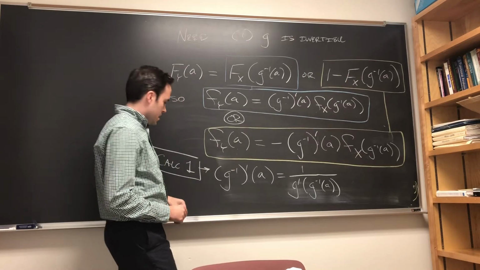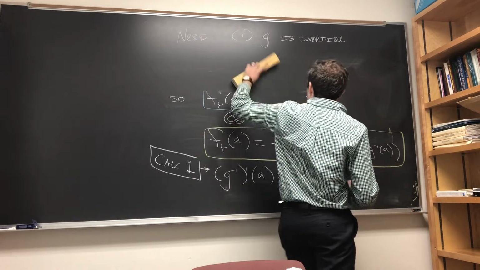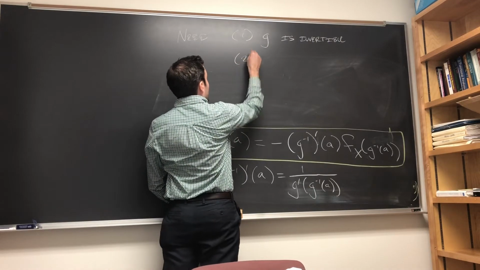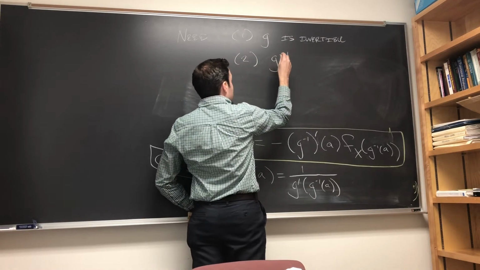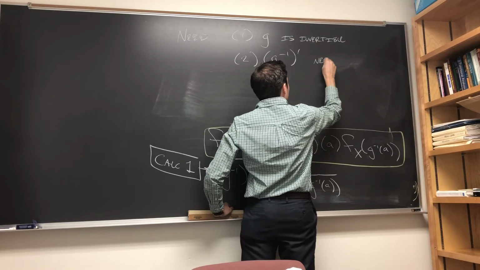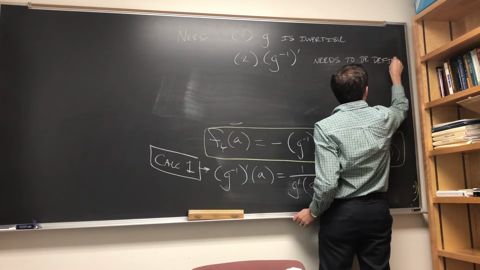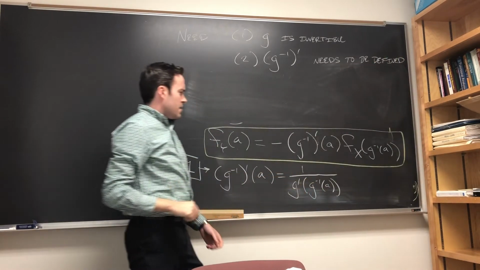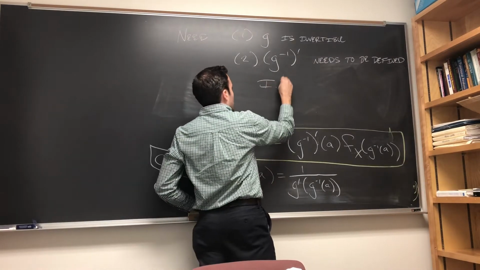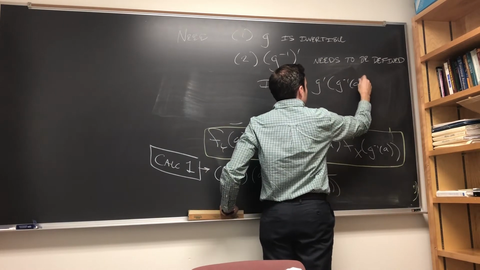That's really the most important part here. And so this leads us to a second point that we need up here. The other thing that we need is that G inverse prime needs to be defined. And we can use this idea down here to equivalently restate this as saying that G prime of G inverse should not be 0.